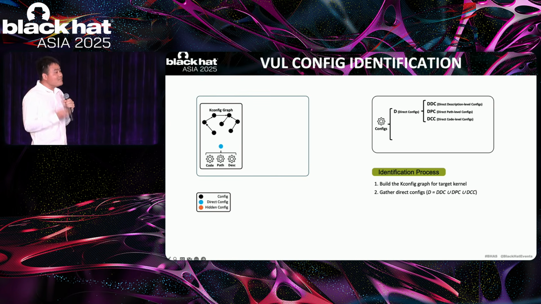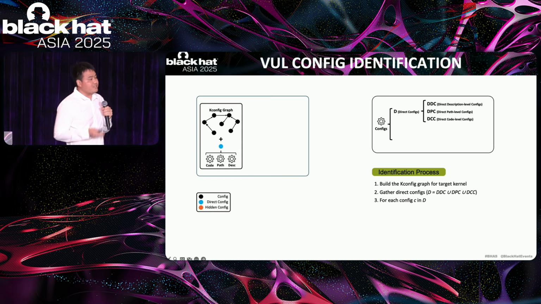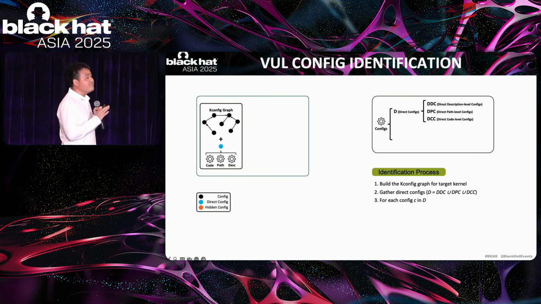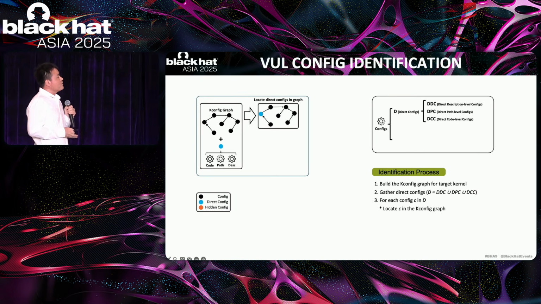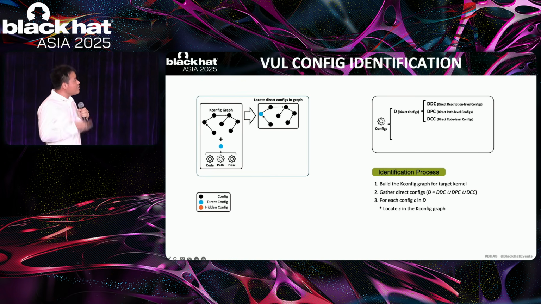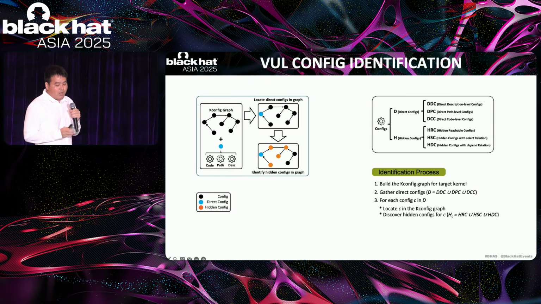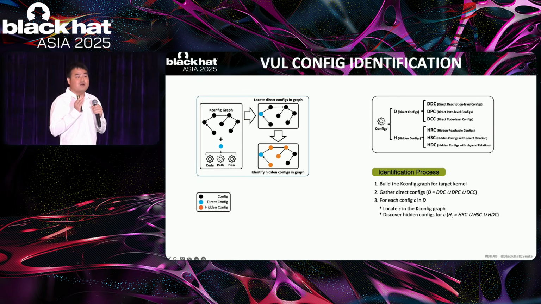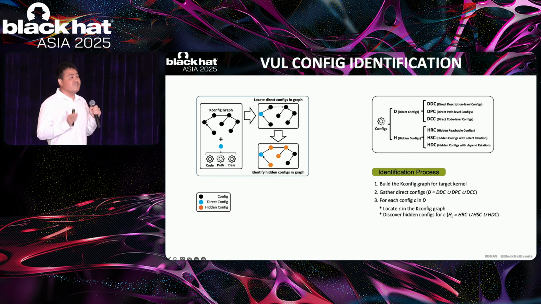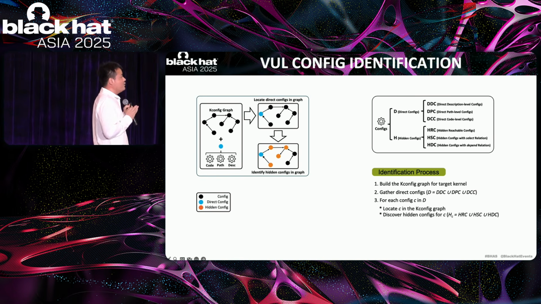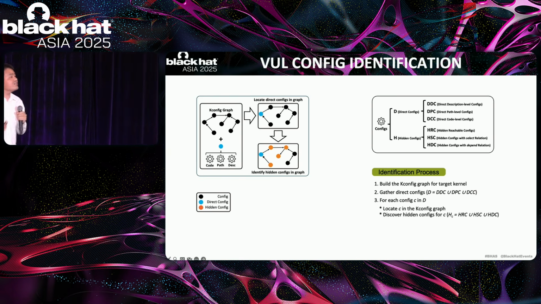And we do the reachability analysis. For each config C in the direct configures, we do the reachability analysis to find the configs it needs. We will identify several configs that cannot be found in the direct configures. We also investigate the relationships in the key config graph, such as the select relationship and the dependent relationship, to get all the hidden configures.